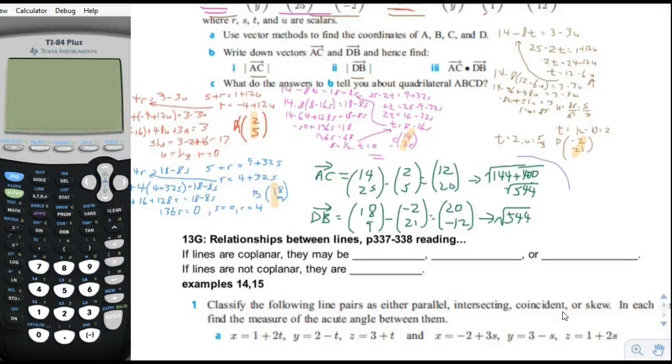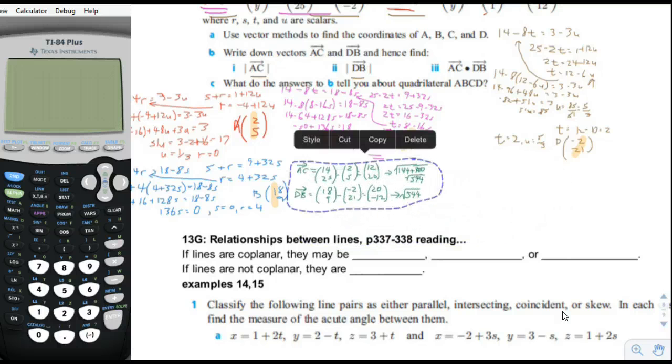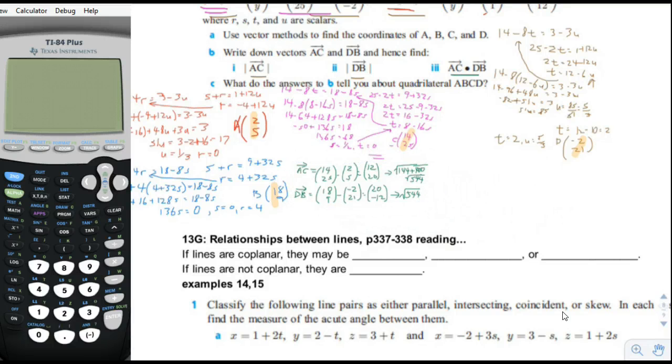Okay. Let's make this a little smaller. Okay, and that was part B1 and 2. And then we're going to now find the scalar product of AC and DB. So AC scalar product DB would be 12, 20, dot product 20, negative 12.